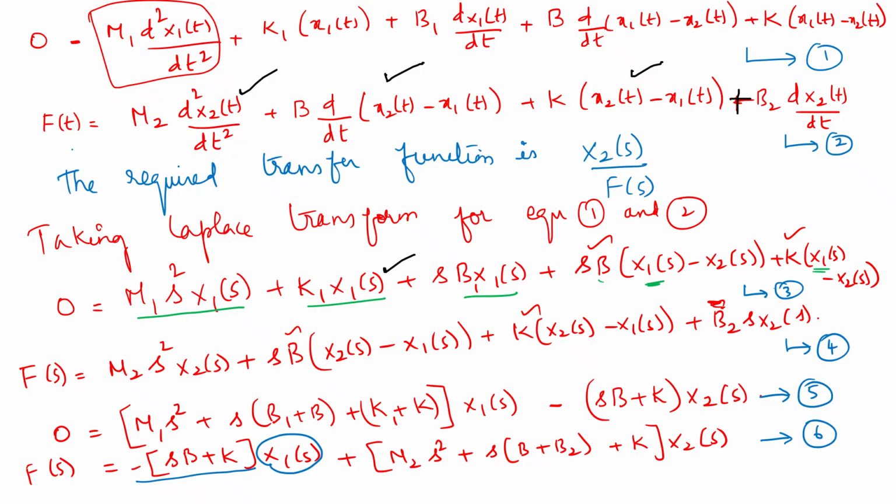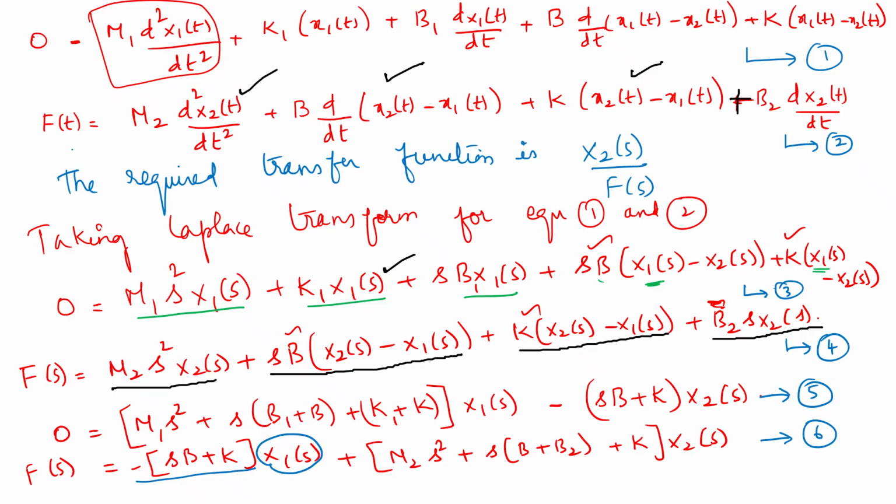And similarly, we will get another equation if you are taking Laplace transformation for equation 2, which is given as f of s is equal to m2 into s squared x2 of s plus s into b times x2 of s minus x1 of s plus k into x2 of s minus x1 of s plus b2 into s into x2 of s.